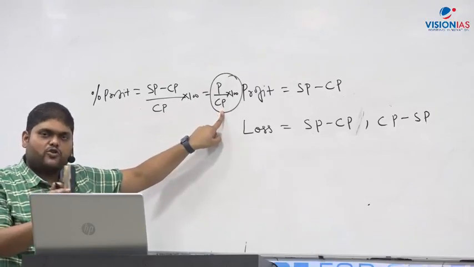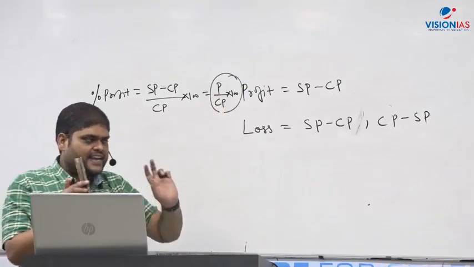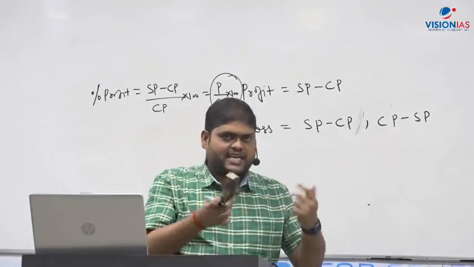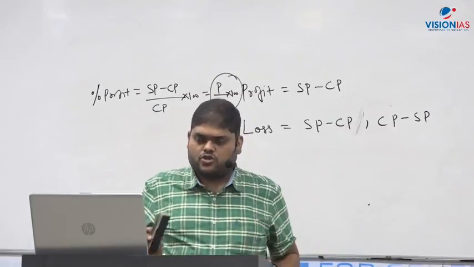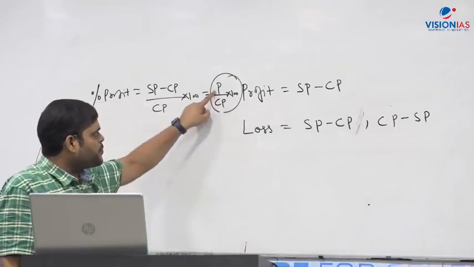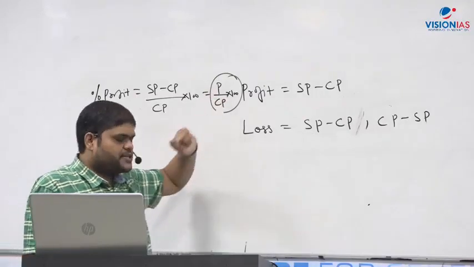Here initial value is equal to CP. So always remember, if anything explicitly given, the profit is calculated on a selling price, then it's okay. Then go according to question. If it is not given, then always we will calculate profit on cost price. So profit upon cost price into 100.